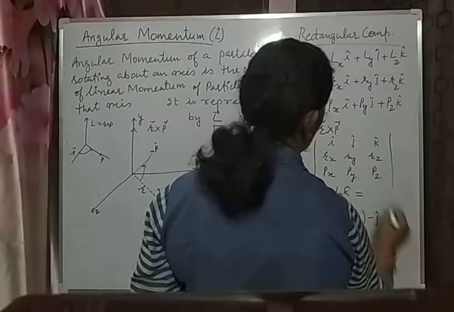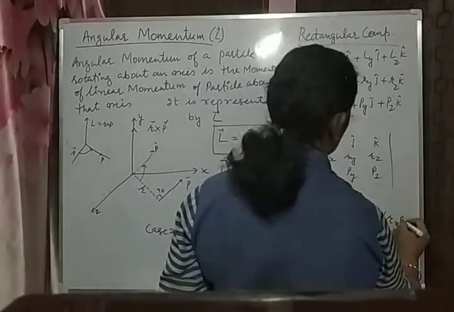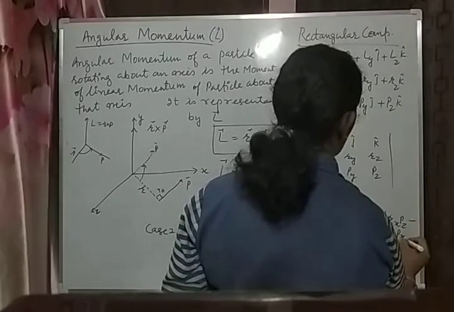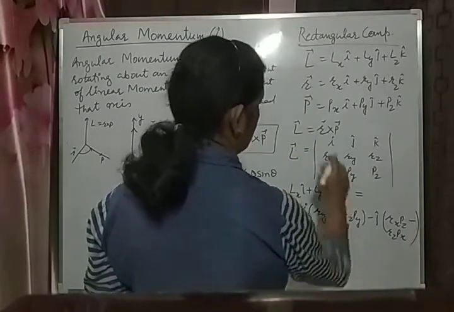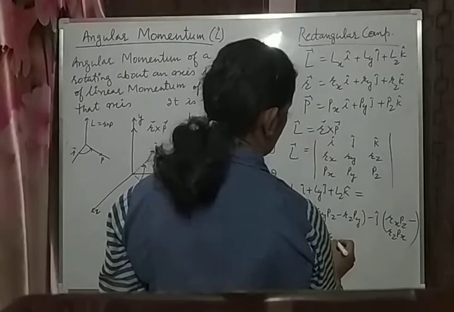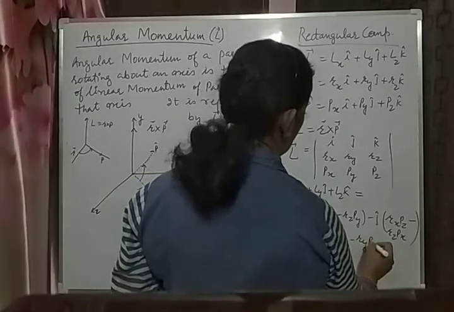Minus j into, leave this row and this column, you will have Rx Pz minus Rz Px, the second term. Plus k, leave this row and this column, Rx Py minus Ry Px.